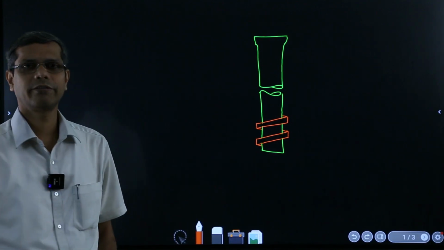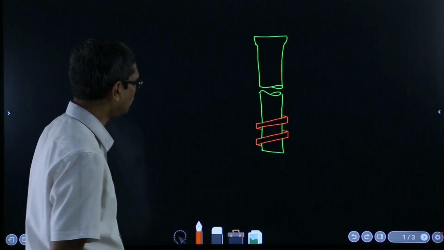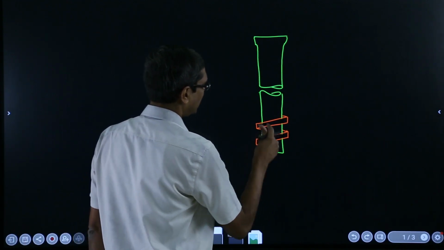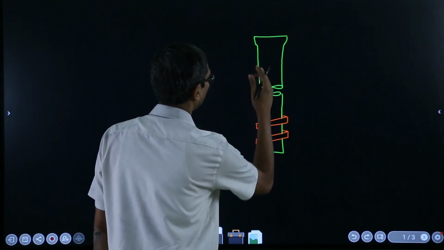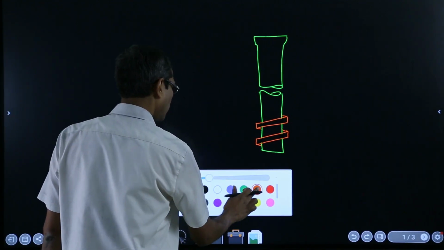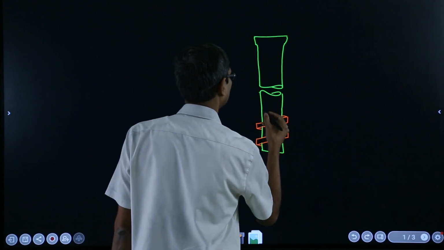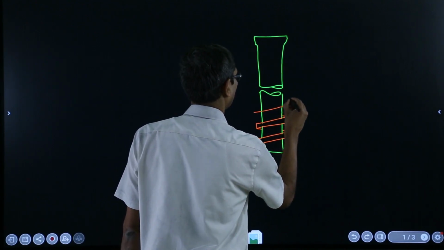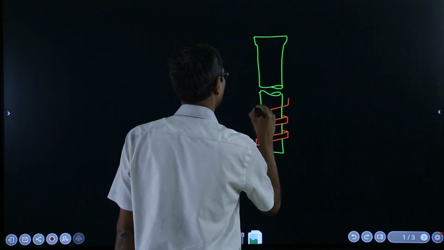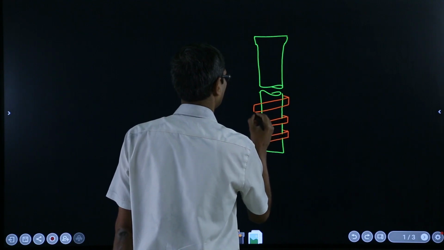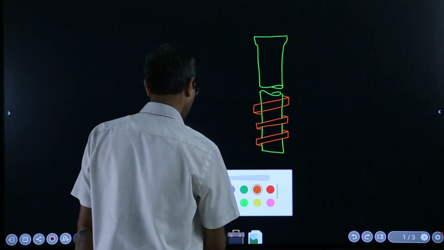So this is in a way a schematic of a screw thread. So here you are imagining that you are looking at the thread from its side, and let me draw one more of these things. Okay, it will be like that.